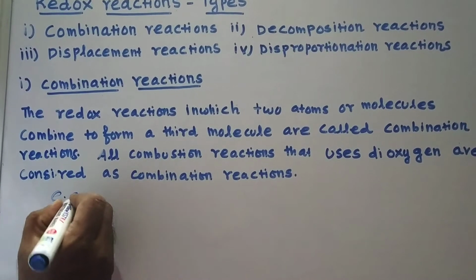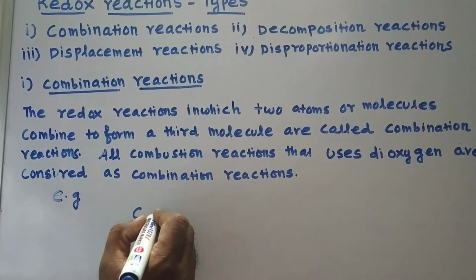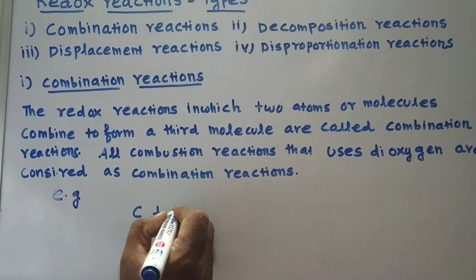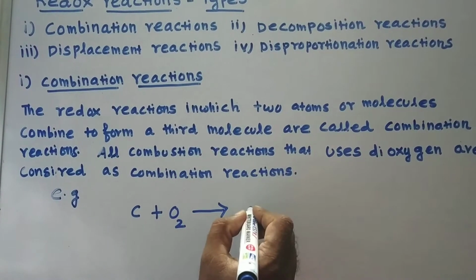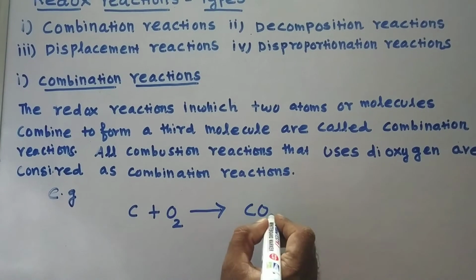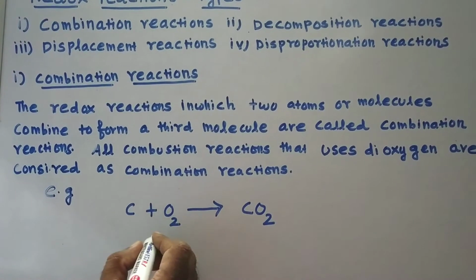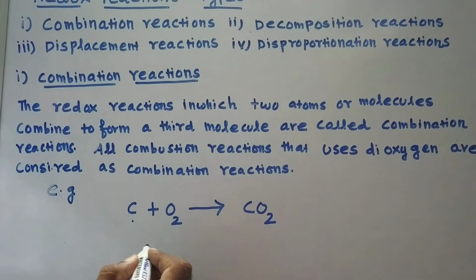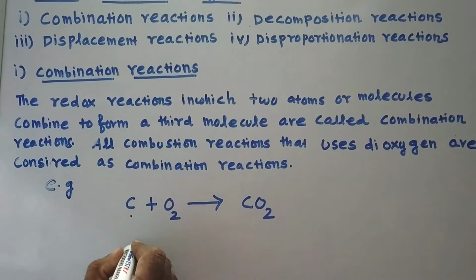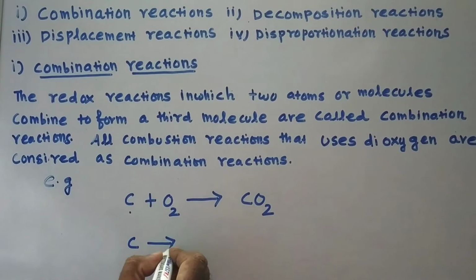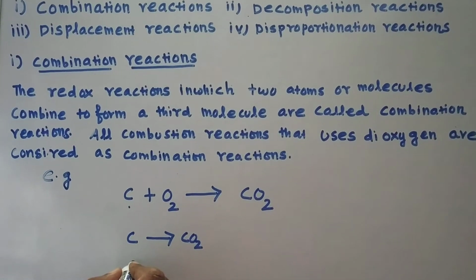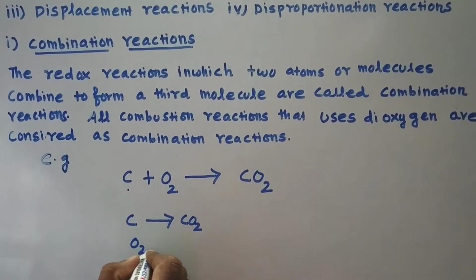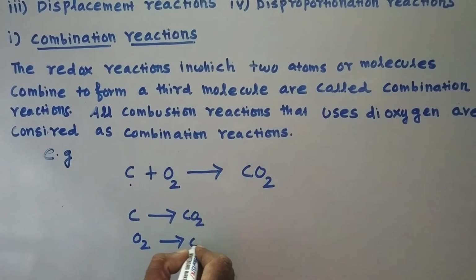Example A. When carbon bonds with excess oxygen, it forms a CO2 molecule. C becomes CO2 and also O2 becomes CO2.